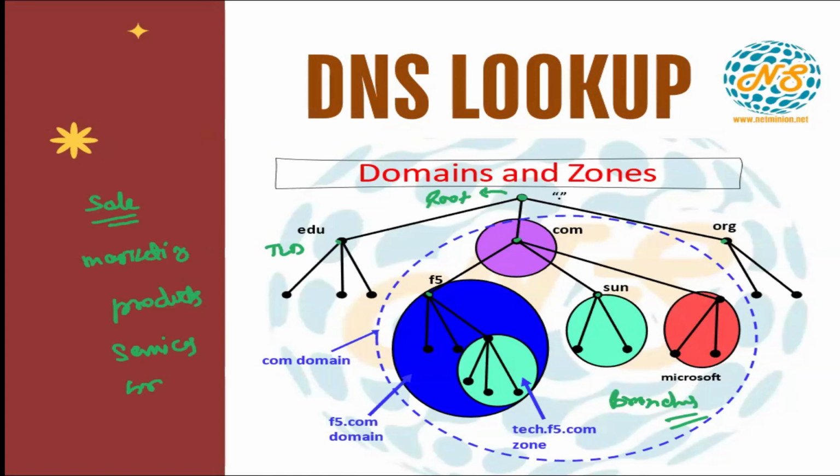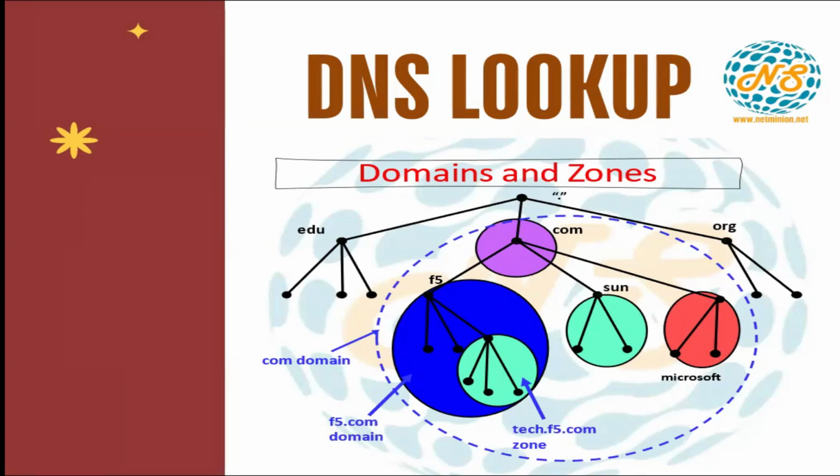And as I told you, your name will be resolved from right to left. So if you see how this specific name is getting formed, first dot, then com, then F5, then if it is tech, you can say tech. And that is how it is resolved from right to left. Any question? No question from me. Perfect.